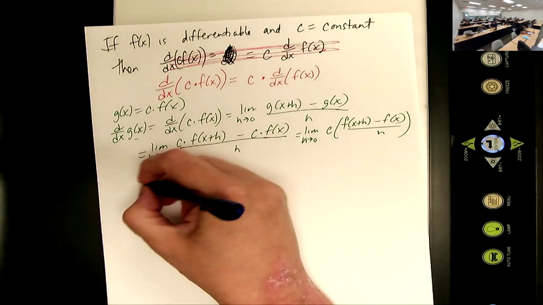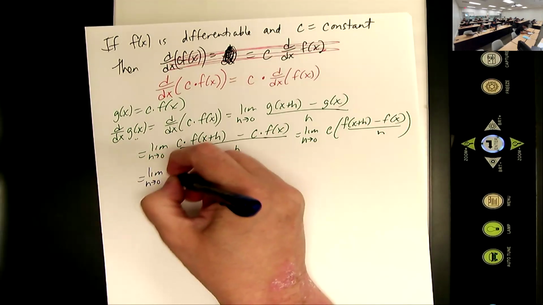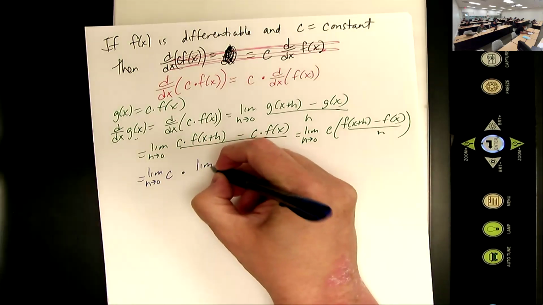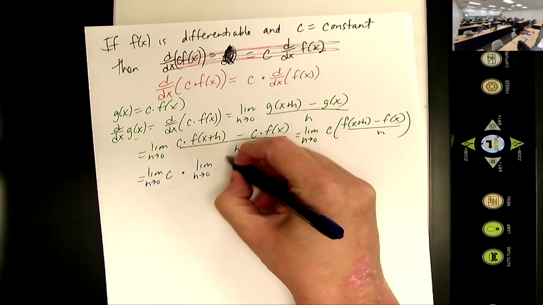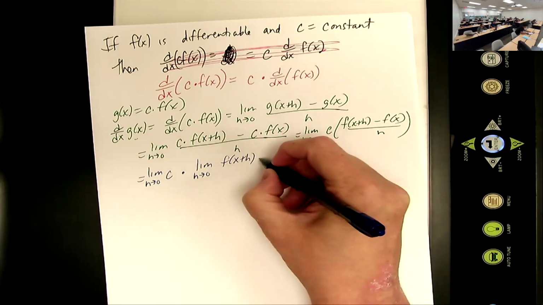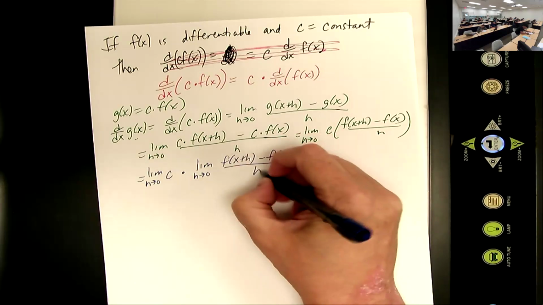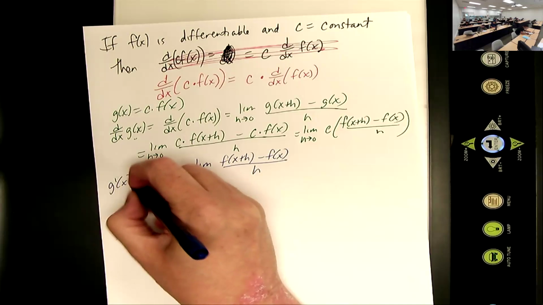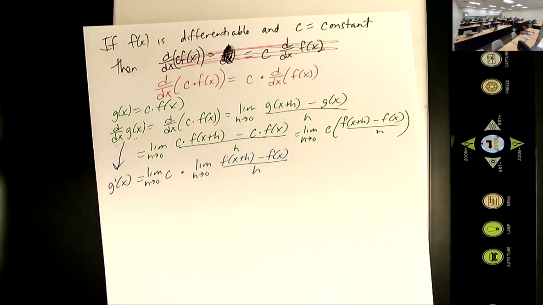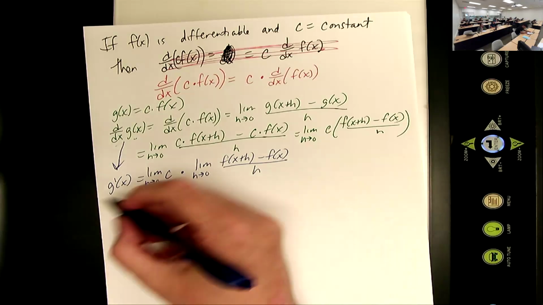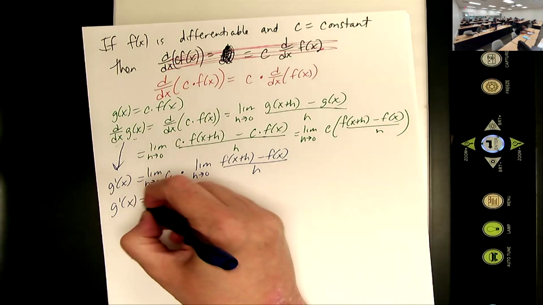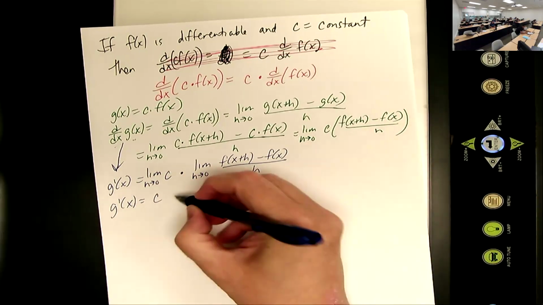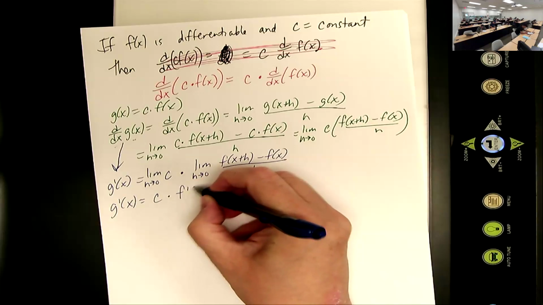This is the limit as h goes to 0 of C times the limit as h goes to 0 of f of x plus h minus f of x over h. And recall this is g prime of x. And the first one has no h in it, so it's just C. And that is the definition of f prime of x.